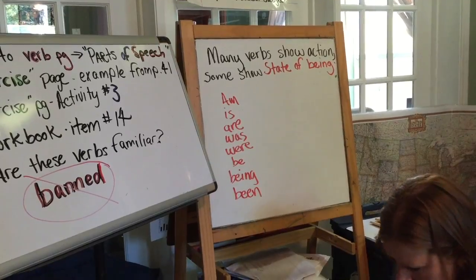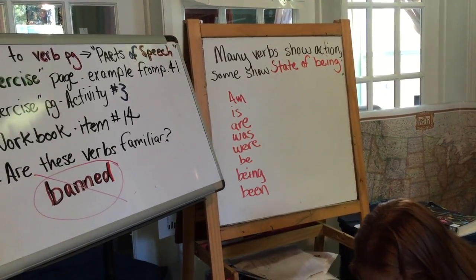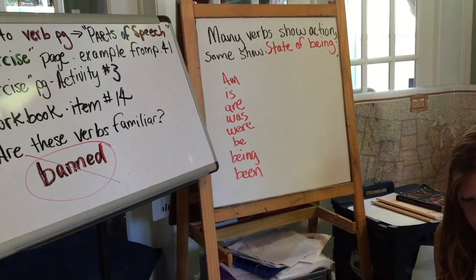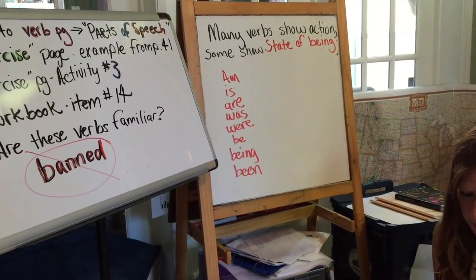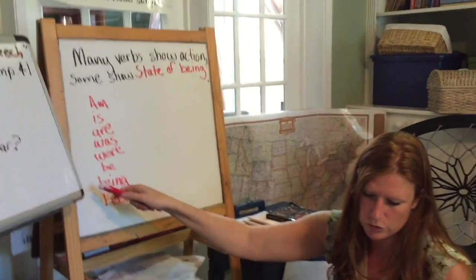Be, being, been. Okay, that's good. There's some other words in here too that they list in their Stevenson Grammar. They say shall be, that's future tense. Will be, future tense.